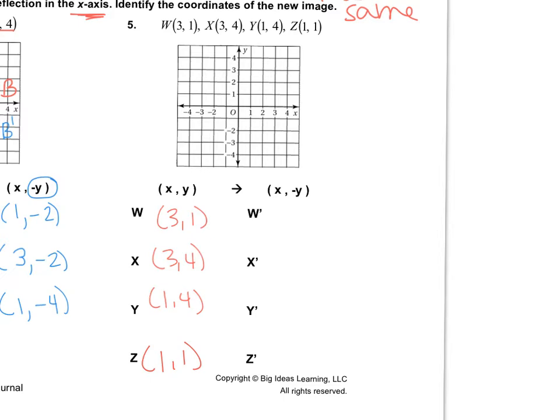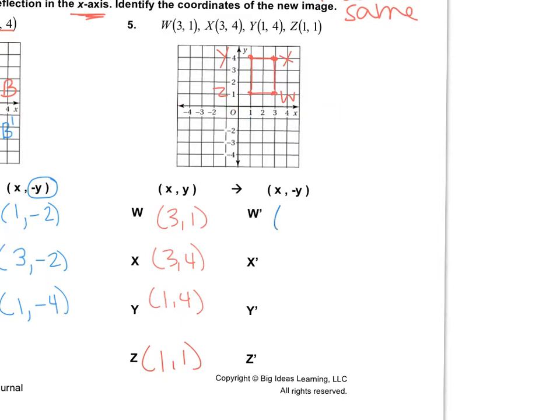So now I'm going to graph those. 3, 1, 3, 4, 1, 4, 1, 1. Connect them, and then label them as well. W, X, Y, Z. And again, we are reflecting over the x-axis.